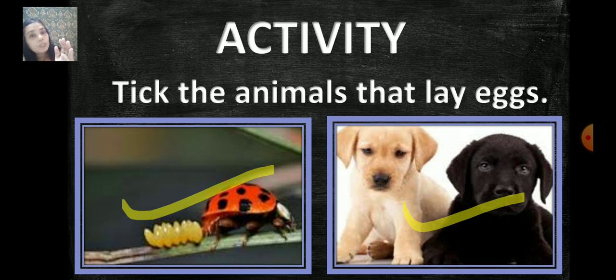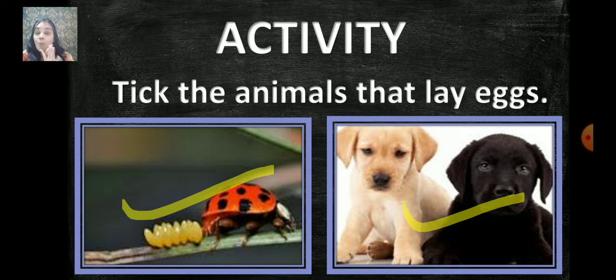And we also learned that some animals give birth to babies, and some animals lay eggs. And in our next session, we will learn about the birds, how baby birds get hatched out from eggs and become adults. So we'll learn all about the eggs. So be ready for the next session.